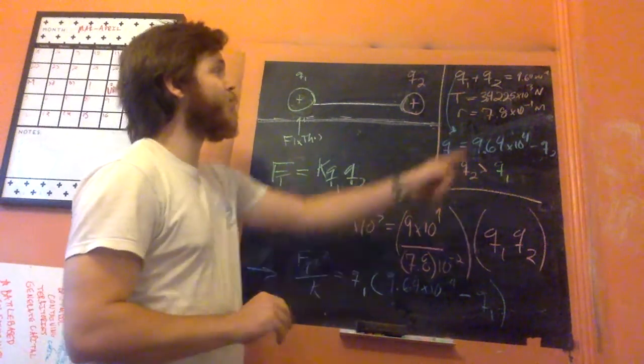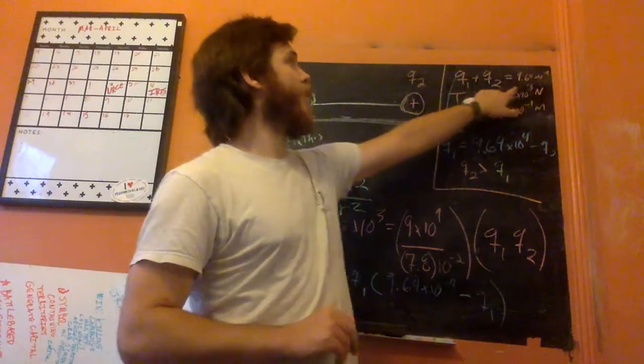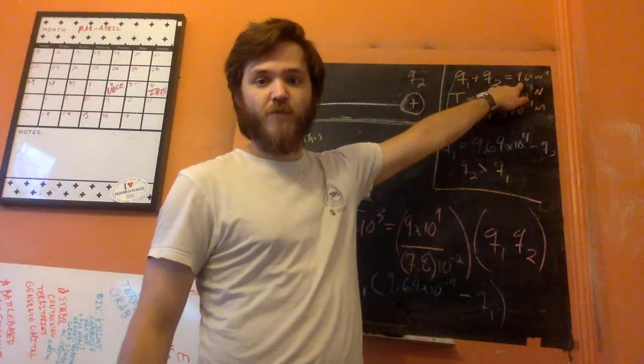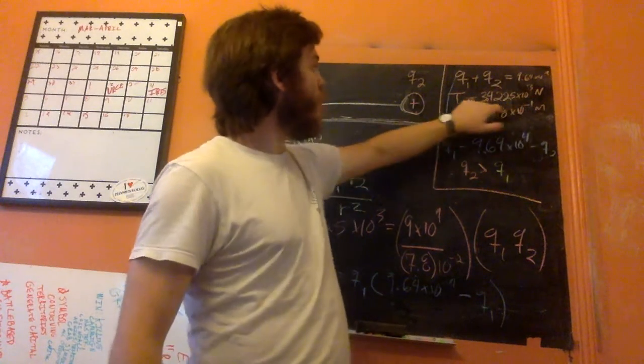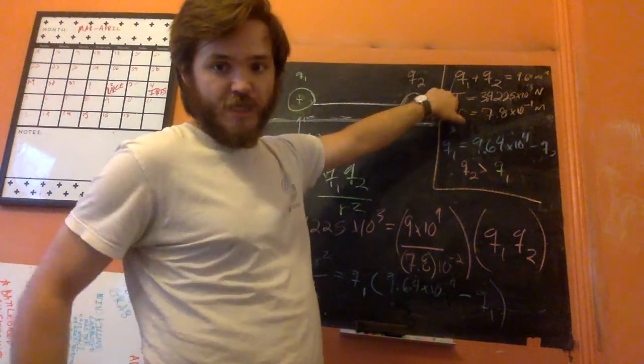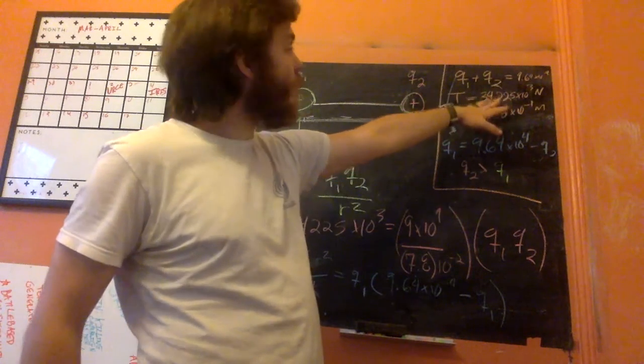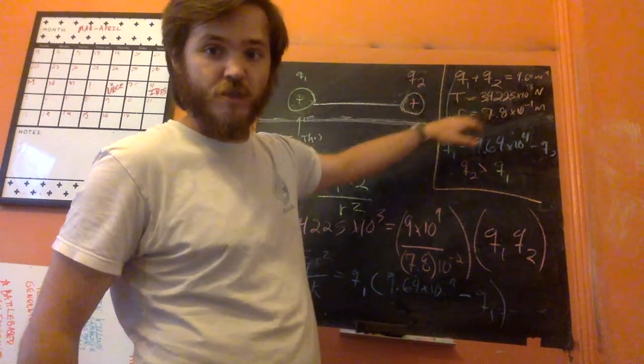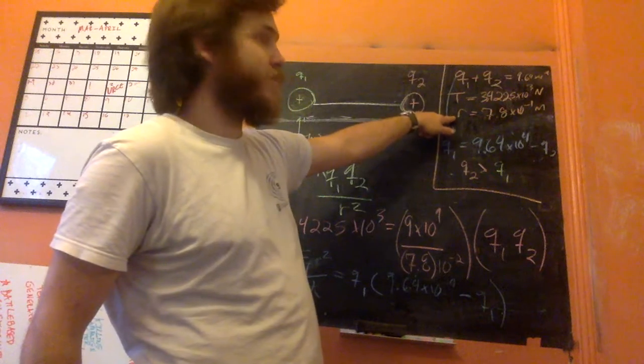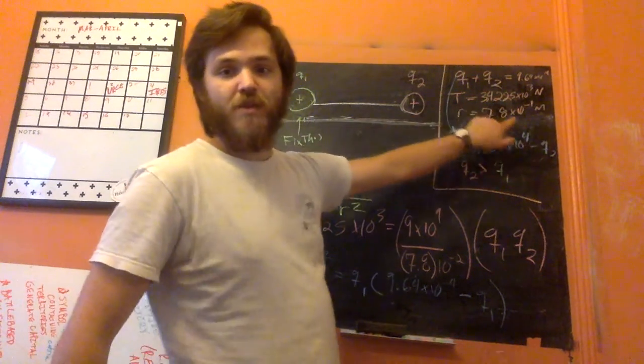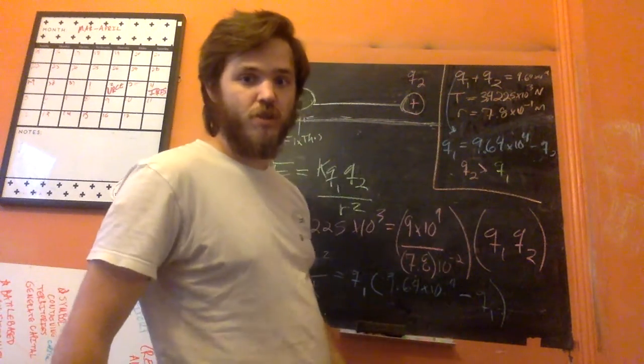So we've got the sum of the two charges up here, which is 9.64 times 10 to the negative fourth coulombs. We've got the tension is 3.4225 times 10 to the third newtons. We've got that the radius is 7.8 times 10 to the negative 1 meters.